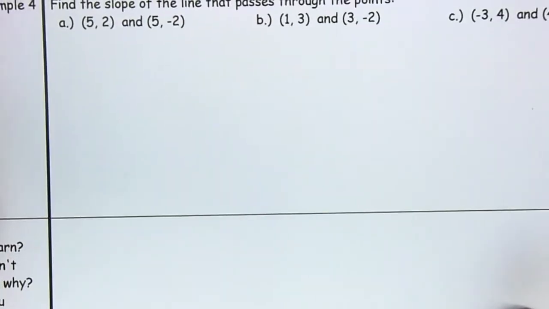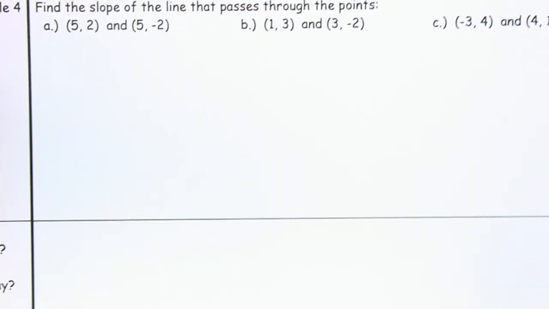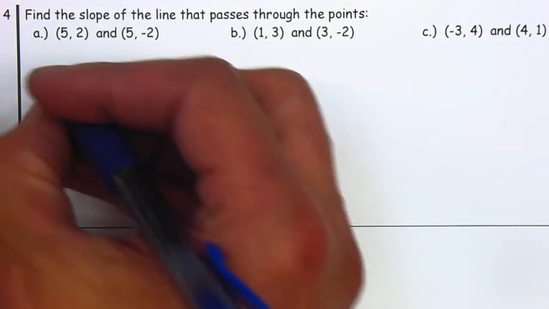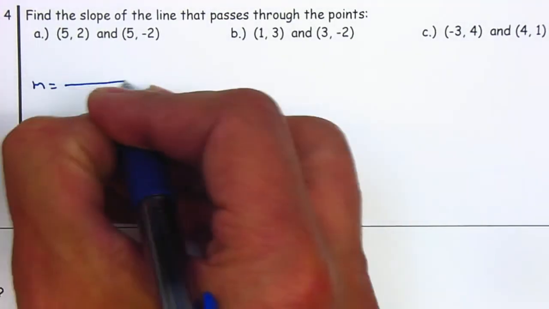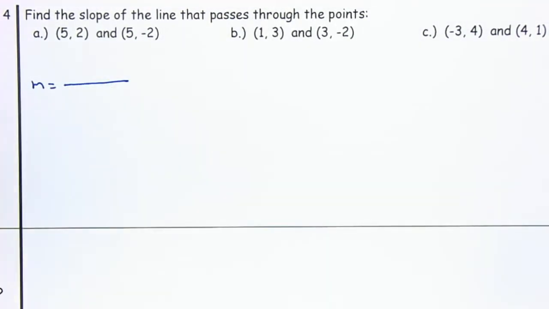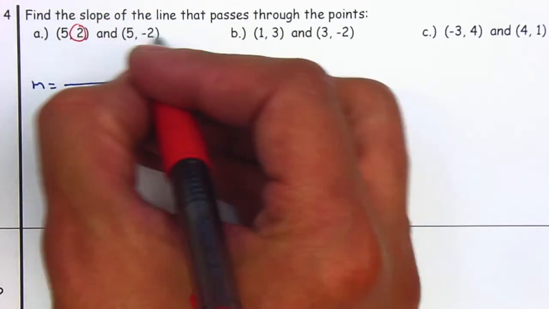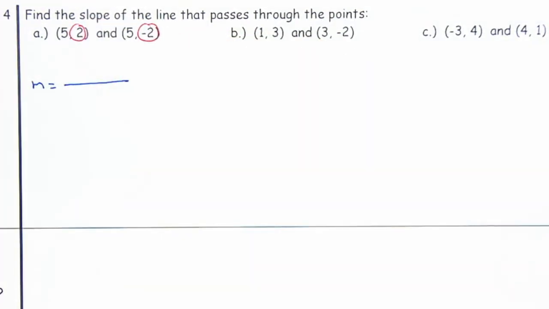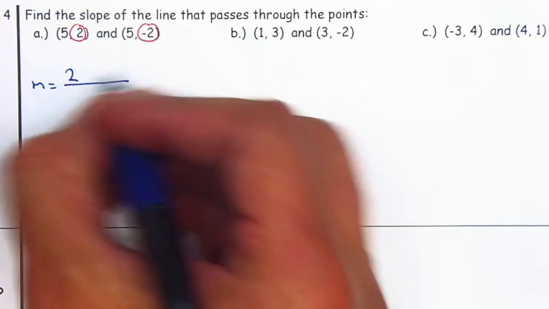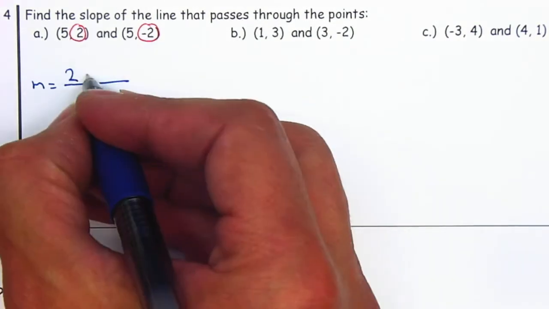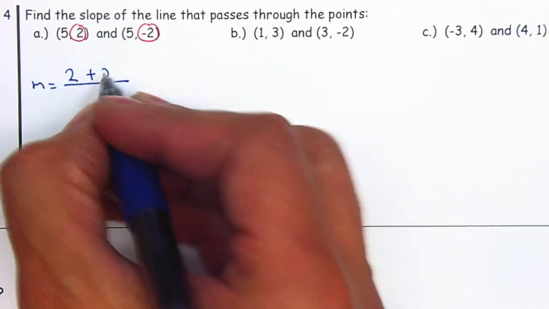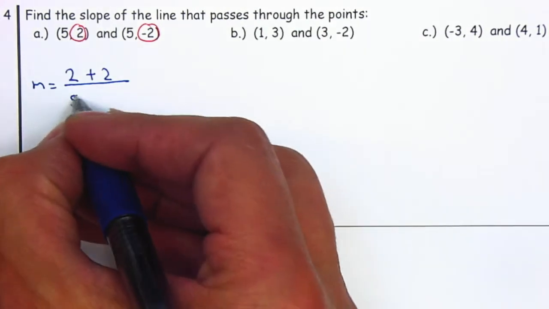On example number 4, we have to find the slope once again. So m is equal to, circle the y values, which will be going on top. There will be 2. This is a negative, so it'll be a positive. Remember, the second number is the only one that's the opposite. We have 5.